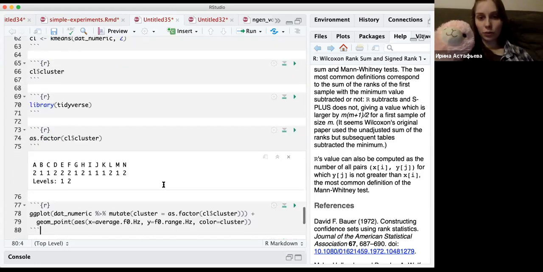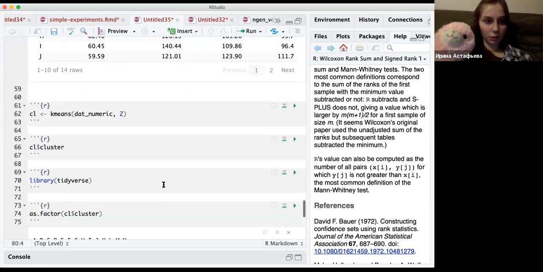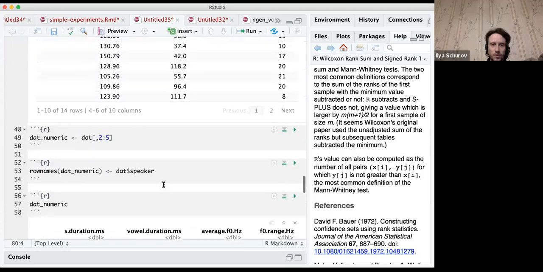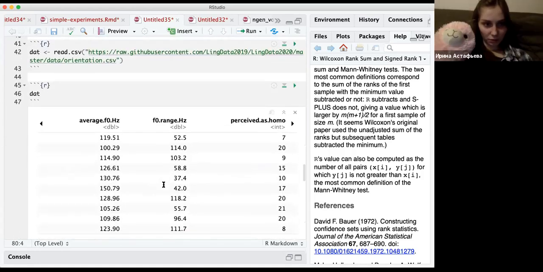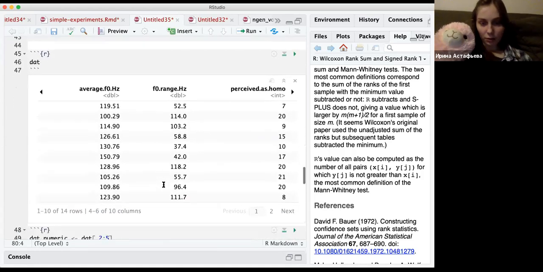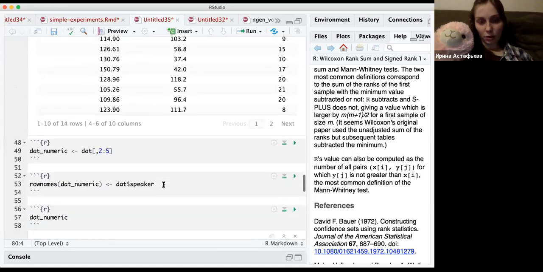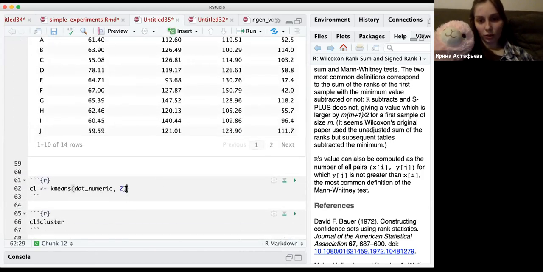Can you let us look through the code, because I have a mistake and I don't understand. Okay, where should I scroll? I don't know why, but object CL not found.